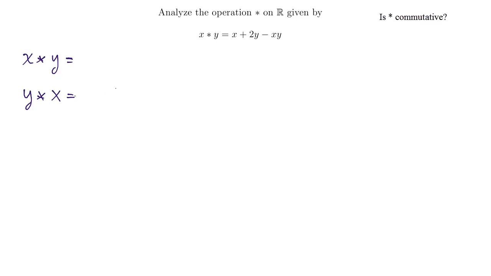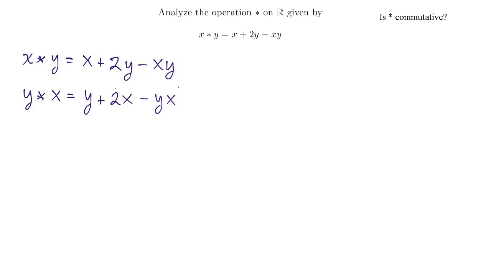So let's just see what each of these are for an arbitrary x and y. Well, x star y, we can just rewrite it again. That's x plus 2y minus xy. On the other hand, y star x is y plus 2x minus yx.